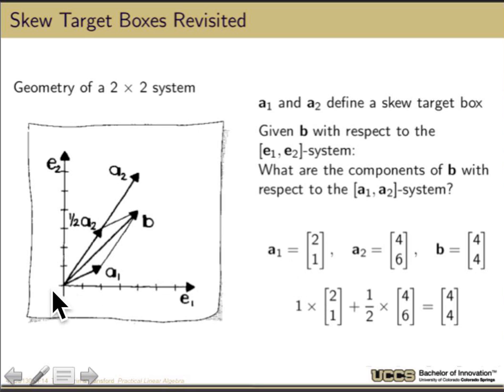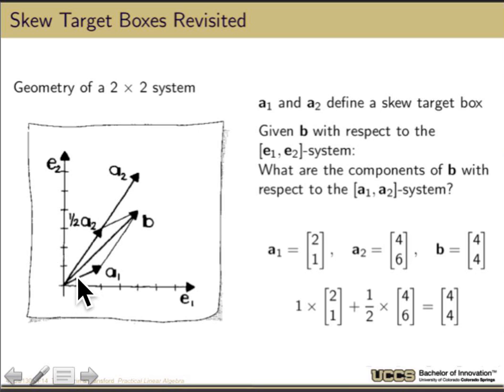So if A1 is (2, 1), A2 is (4, 6), and B is (4, 4), now I can ask the question: how do I represent B, because it's (4, 4) in the E1, E2 system, in the A1, A2 system? As we go through this, you'll see that it's 1 times A1.